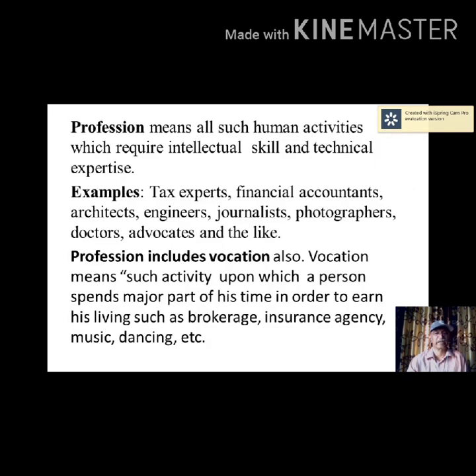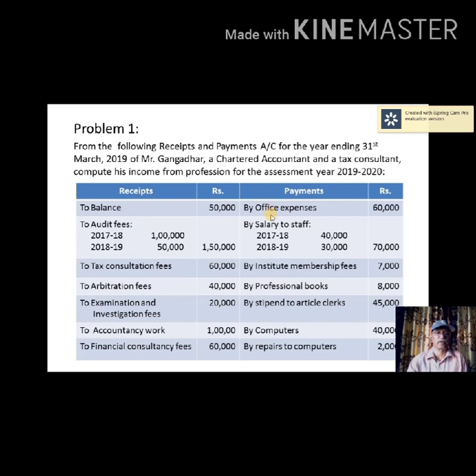Now we'll move on to the professional expenses. We'll look at the payment side of the receipts and payment account and let us see what are to be taken in the process of computation of professional expenses. So office expenses 60,000, that should be taken as it is unless there is any further information. That is the professional expense.